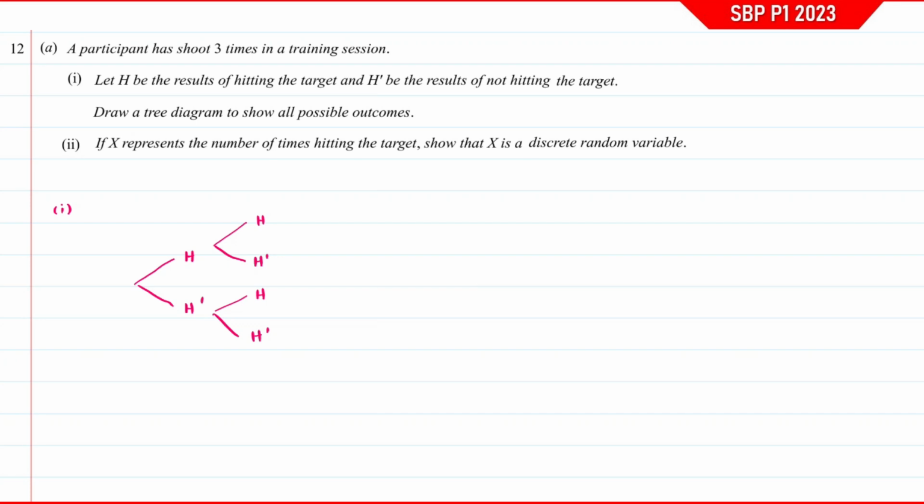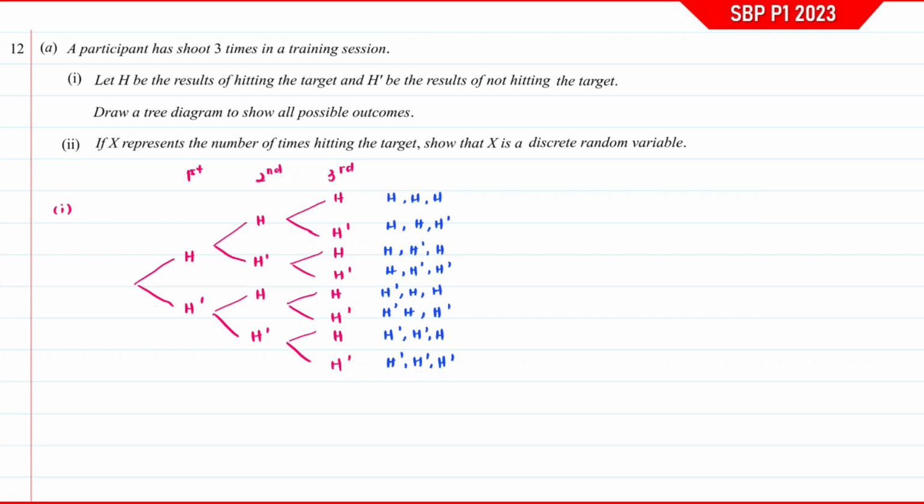As for the third shooting, we get a similar result. So this will be the 3 diagrams. And the possible outcomes, for the first one here, we're going to get all hit. And the other possible outcomes will be like this.